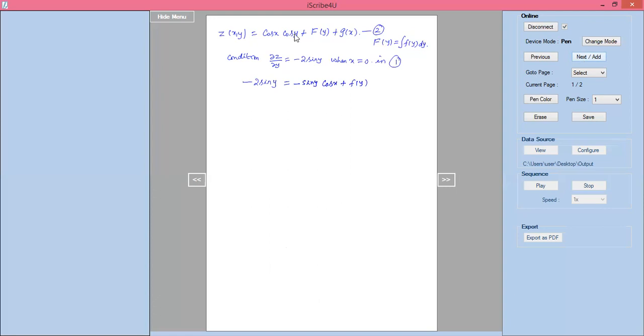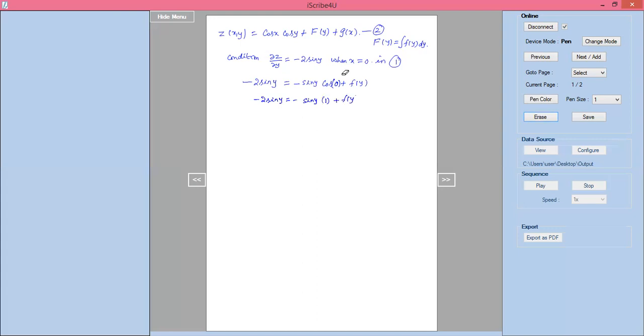So if you give x equal to 0, you will get cos 0. Now minus 2 sin y equal to minus sin y into cos 0. Cos 0 should be 1, plus f of y.